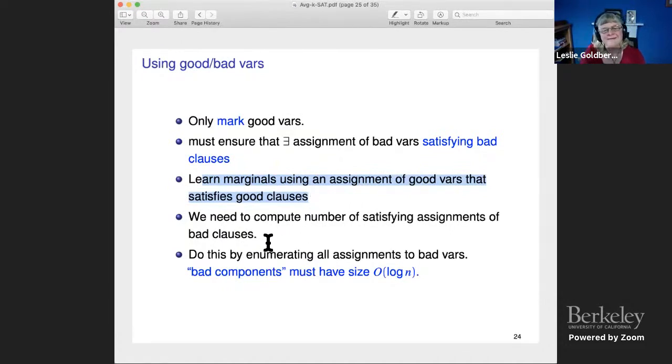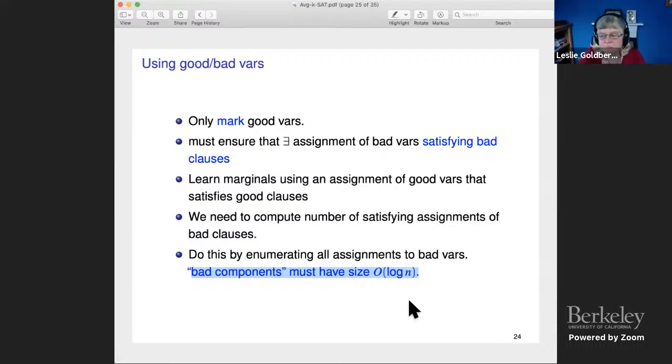But in order to do that end game, where we used to multiply by 2 to the number of bad variables, here we have to actually be able to compute the number of satisfying assignments of bad clauses. And we do this by enumerating all assignments to bad variables. So if that sounded a little exotic, the key fact is that when you look at the factor graph formed by the random instance, the bad components have to have size log n. And that turns out to be a really key thing. And actually almost all the technical work is establishing this fact.